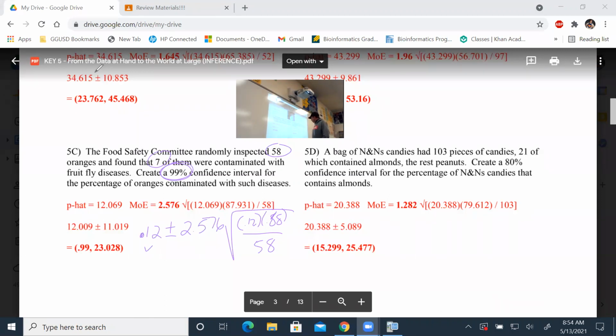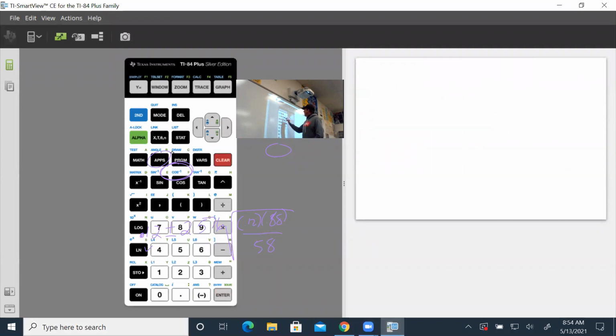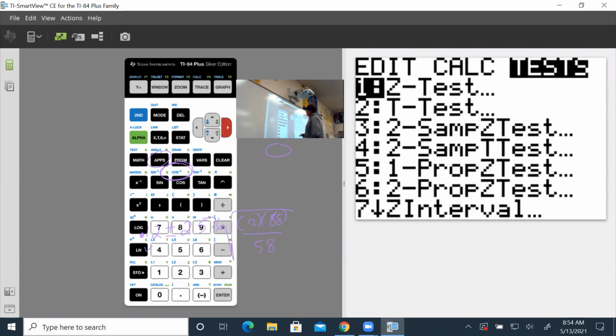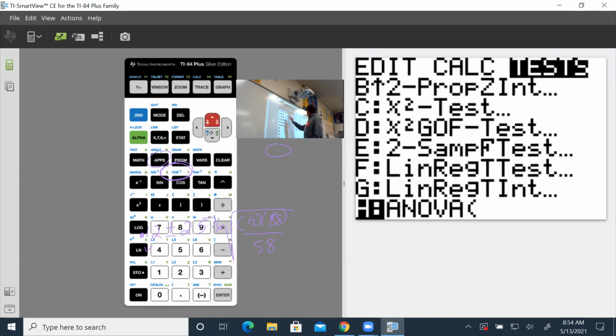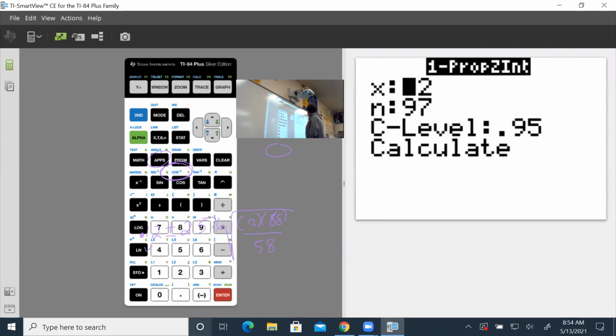All right, so go to this. I'm going to go stat, tests, and I'm going to go backwards the other way, right in the middle of it. One Prop Z Interval right there.